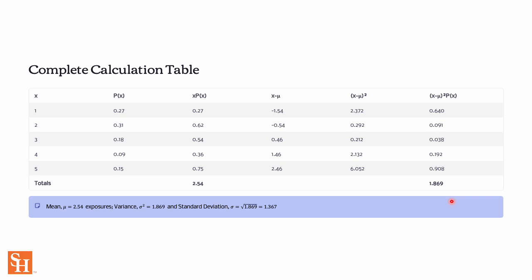And then to convert this variance to a standard deviation, we just take the square root of this, and that will give us the standard deviation. That means on average, before buying a product, the buyers check the advertisement 2.54 times with variance 1.87, right? I think now it is clear to all of you how for a probability distribution we can calculate mean and variance.